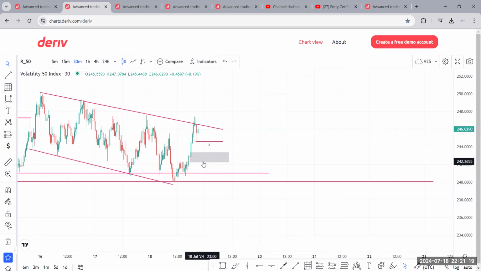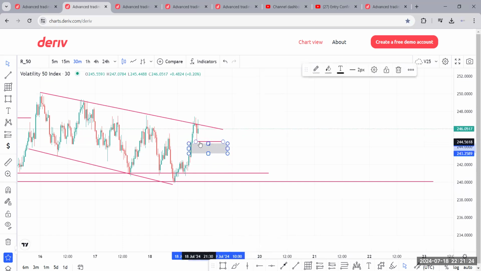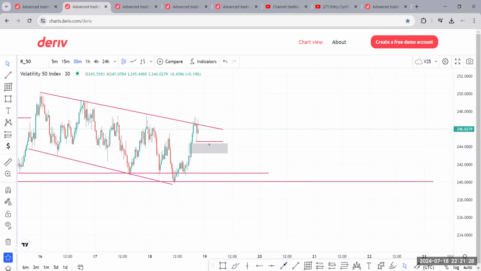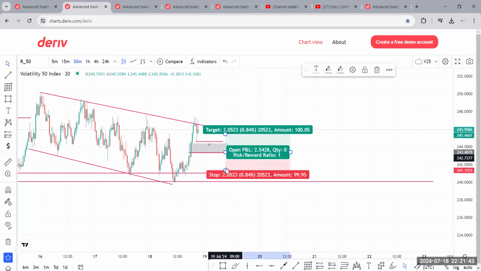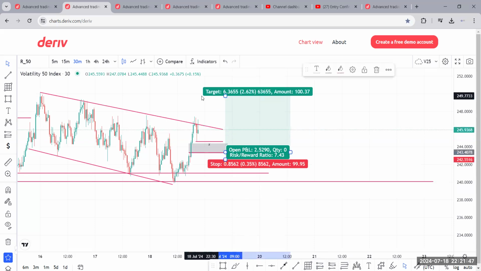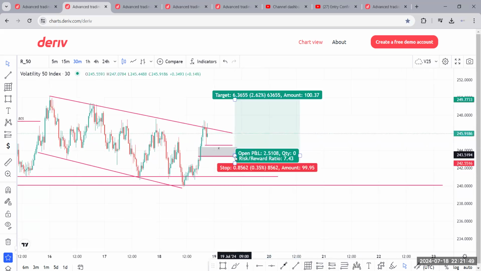And we have this fair value gap here too as well. So this is our order block. We have this fair value gap. We have this liquidity point, and you can buy here like that.